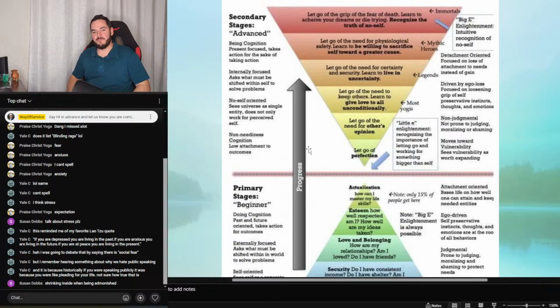Because God's going to protect me, in this life or the next. So that is what I believe. And then the final level is to let go of the grip of the fear of death. Learn to achieve your dreams or die trying. Recognize the truth of no self. And that's that last part.